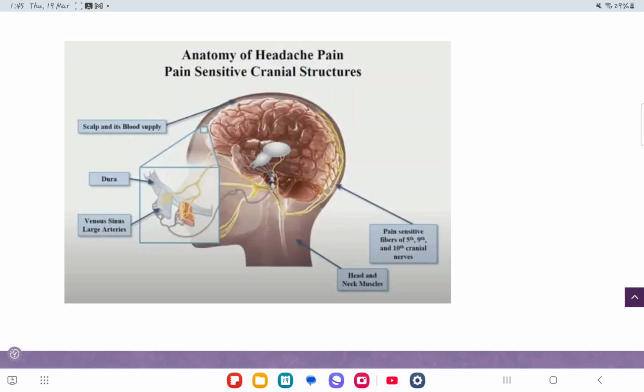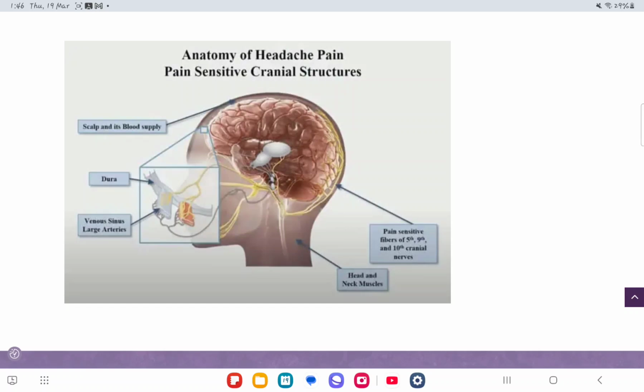So the scalp layers, dura, meninges, its blood supply, venous sinuses are painful, large arteries are painful, and your head and neck muscles are painful. In presence of any edema, abscess, meningitis or effusion, the muscles get tight, so it is painful to move the head in meningitis or any brain infection.